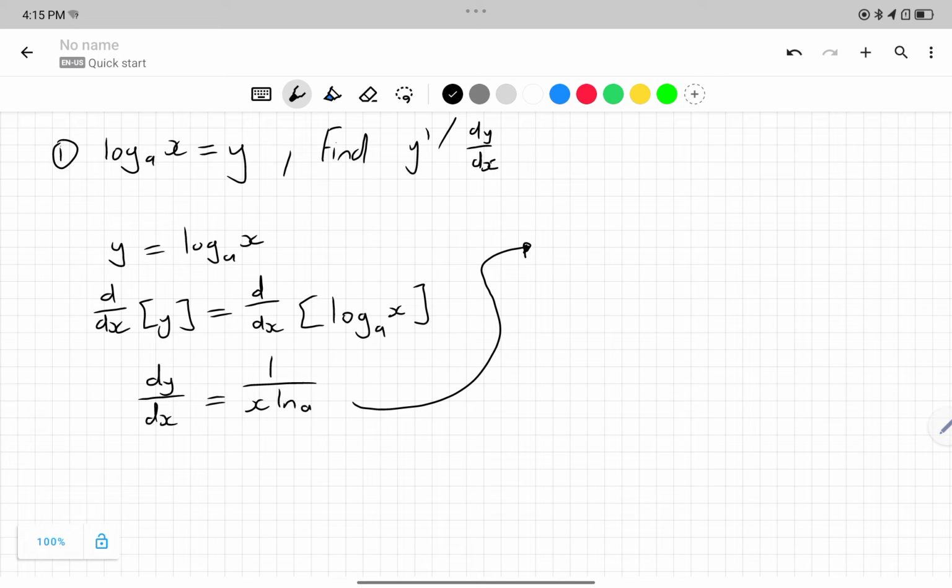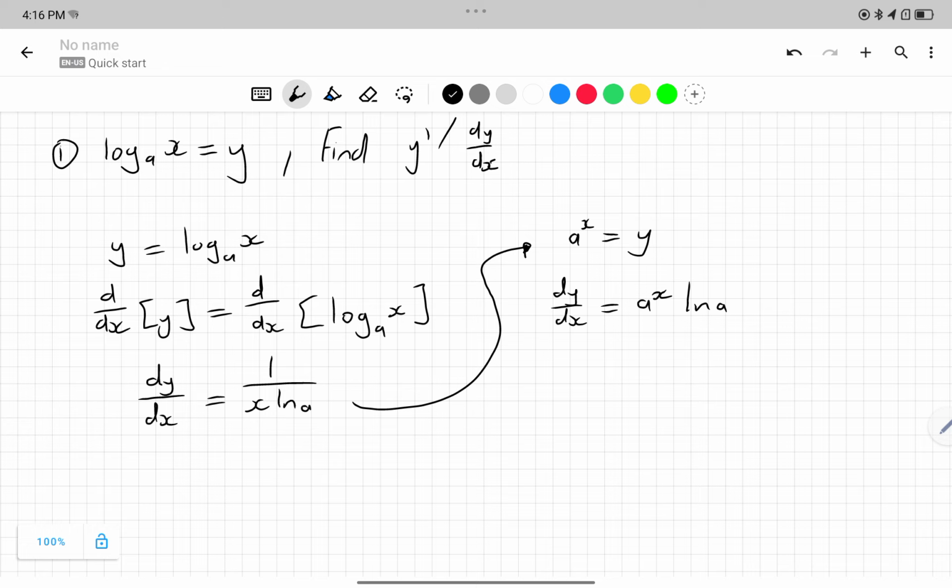I'm assuming that you know that if I've got a to the exponent of x equal to, let's say, y, and I derive it, dy over dx, I'm going to get a to the exponent of x, then ln a. I'm assuming you know that.